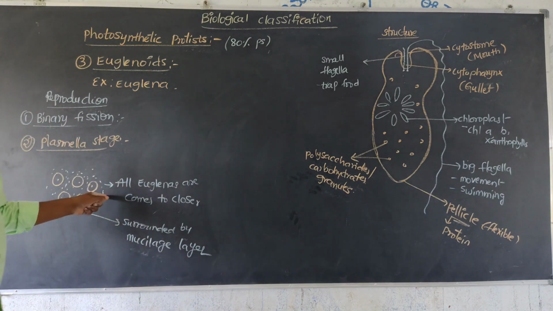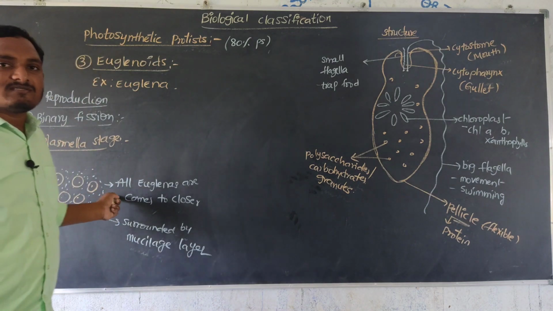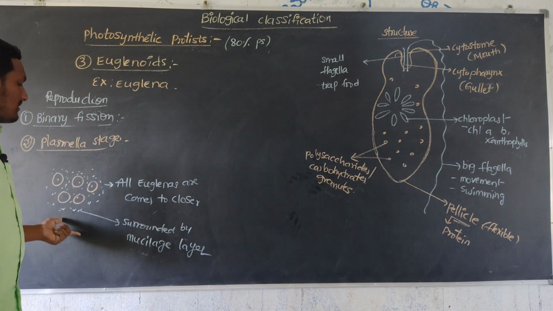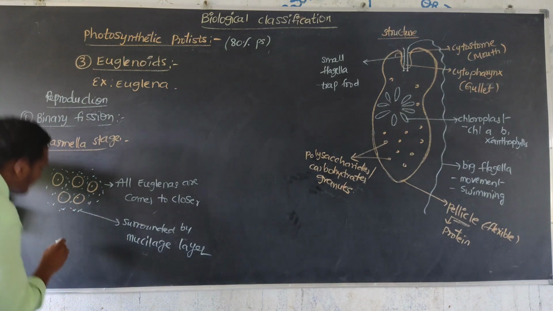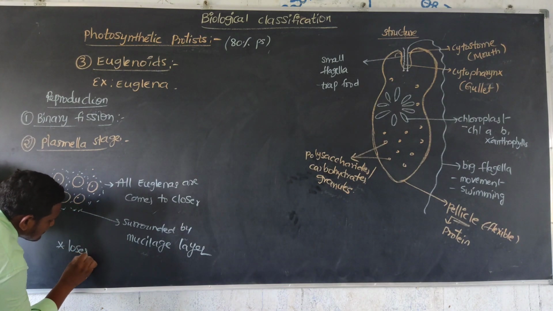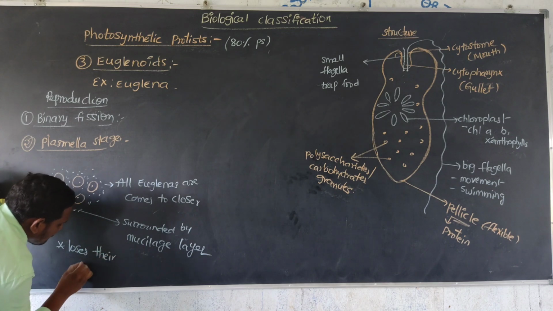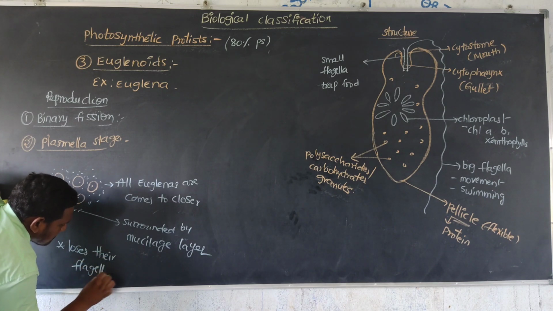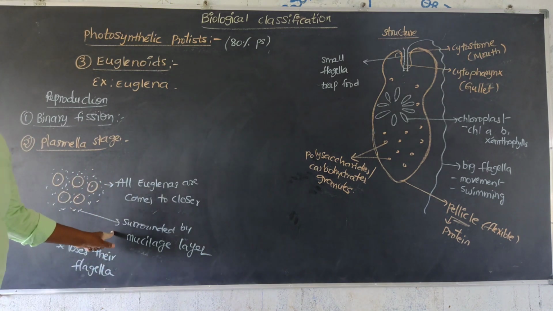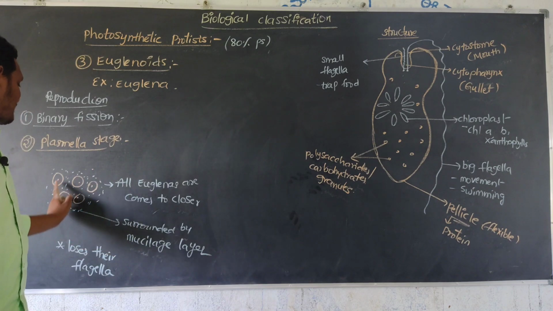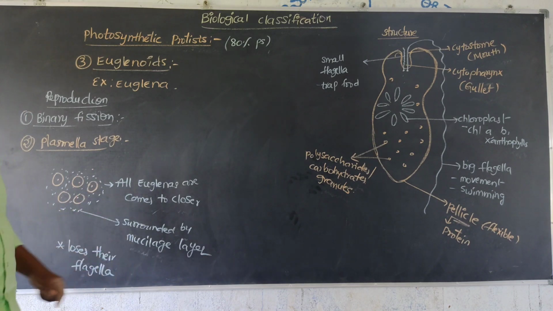So in unfavorable conditions, all Euglenas come to closure and lose their flagellum and are surrounded by a mucilage layer. This blue color region is the mucilage layer.